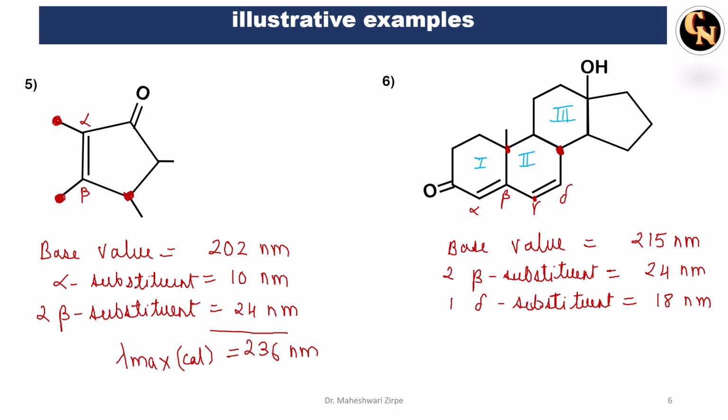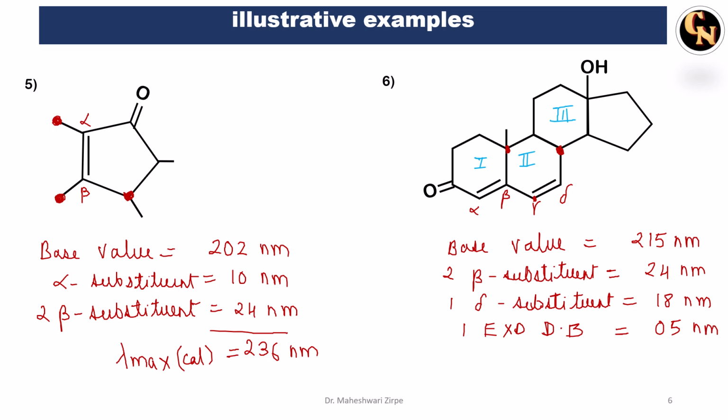We are not interested in the further rings, but for ring number 2, the alpha beta double bond is exo. So one exocyclic double bond we are going to add, that is 0.5 nanometer.